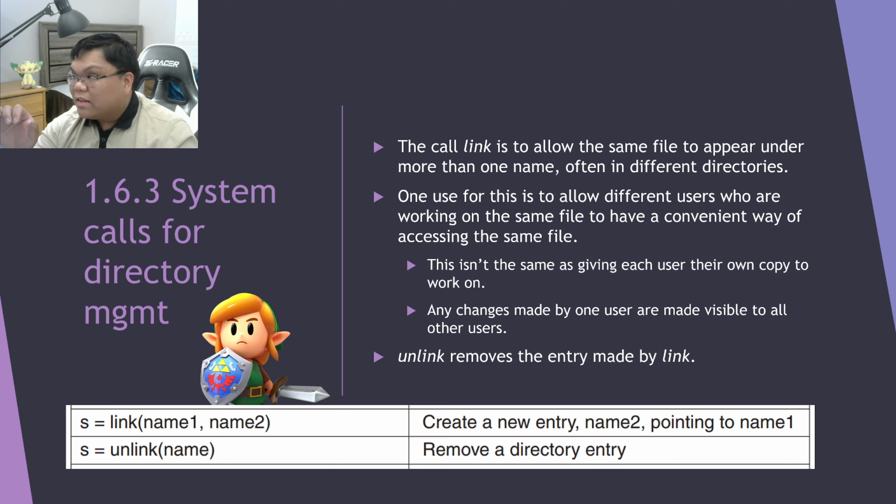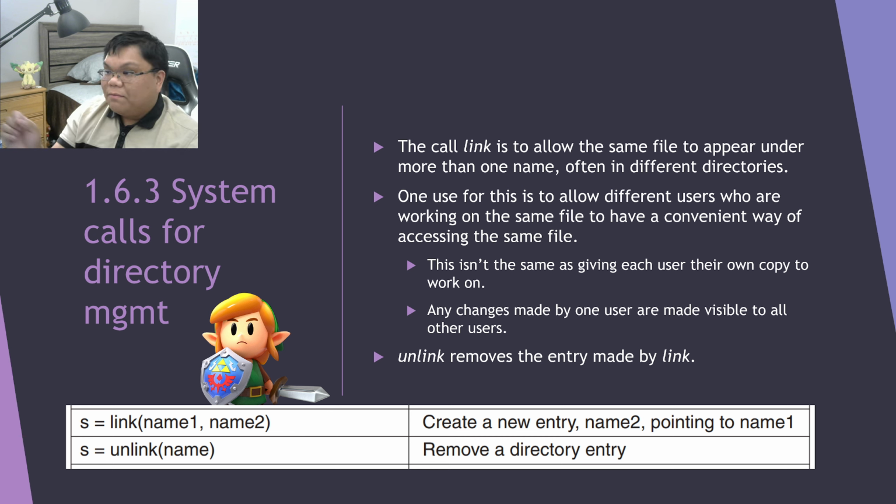And it's not the same as giving each user a copy of their own file. Here, we want it so that any changes made by one user are made immediately available to all other users. So link will do that. It will allow the same file to appear under more than one name, and unlink removes that link.